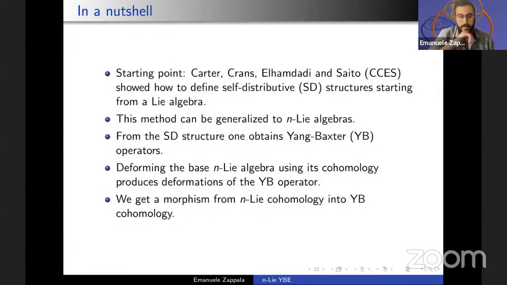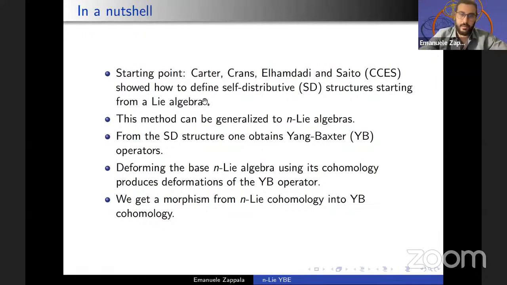In a nutshell, there is a construction by Carter, Crans, El-Hamdadi and Saito that associates to any Lie algebra a self-distributive structure, and self-distributivity here is basically the third axiom that racks and quandles satisfy, the one that is similar to the Reidemeister move 3.